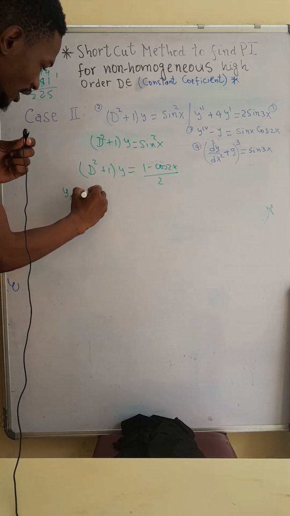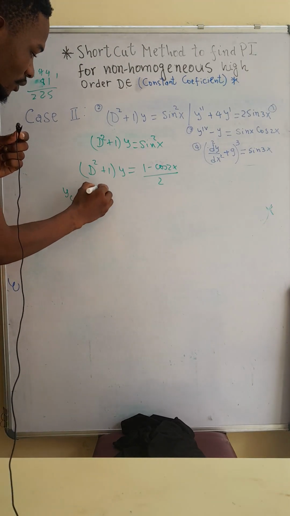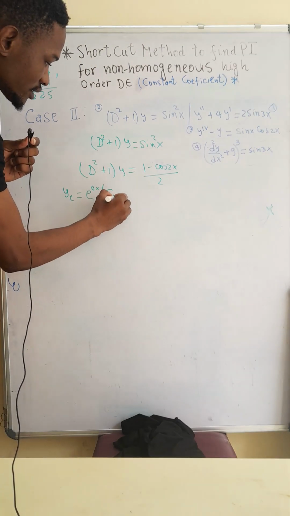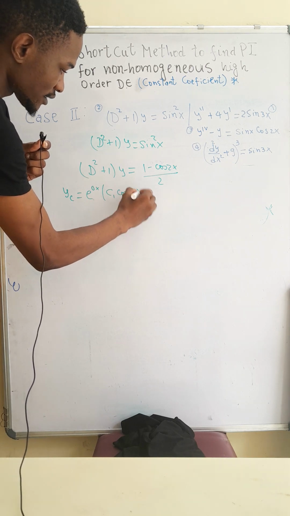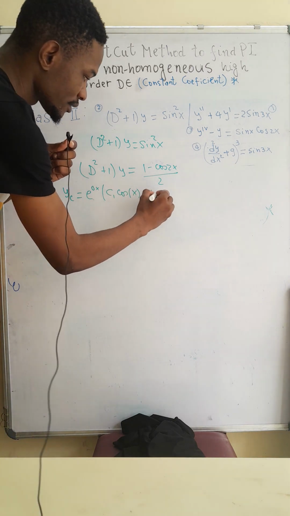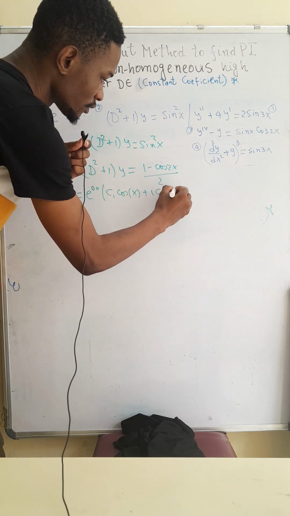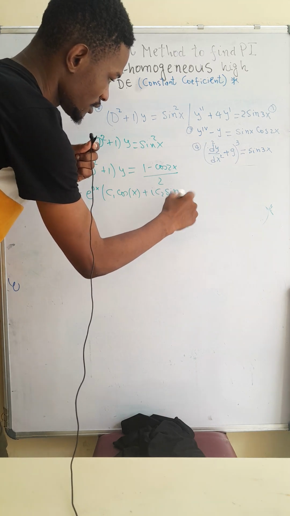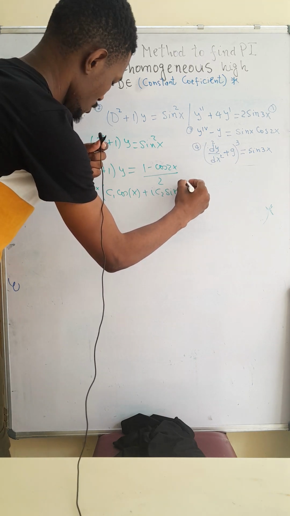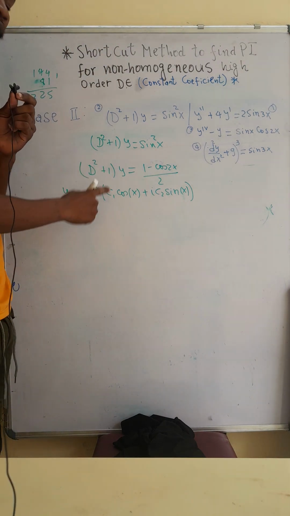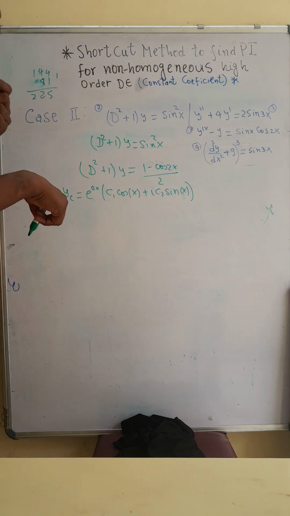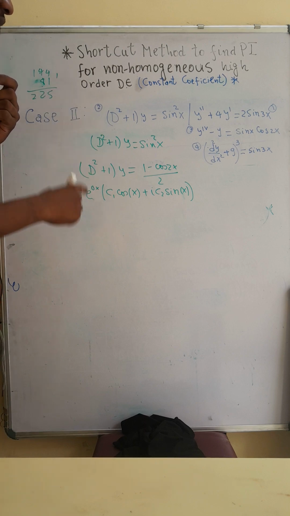We know that here I'll get r square plus 1 equals 0, and here y_c is c1 times cos of x plus c2 times sine of x, also a solution. Here it will be an imaginary number, and the roots will be plus or minus i.